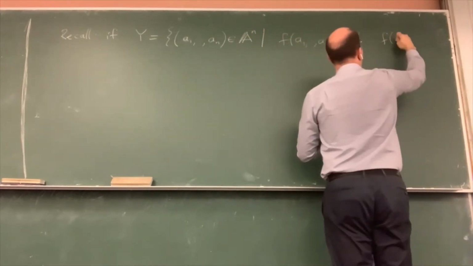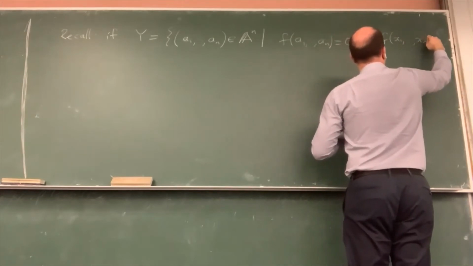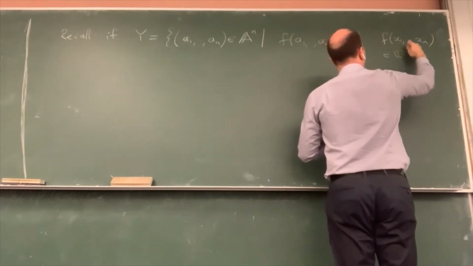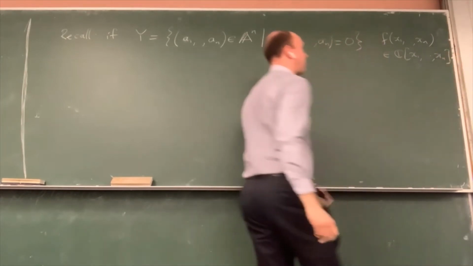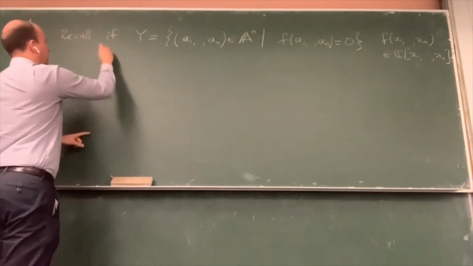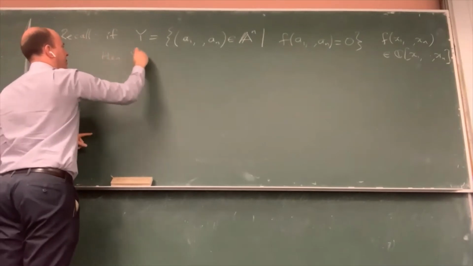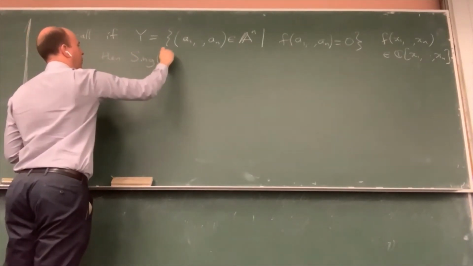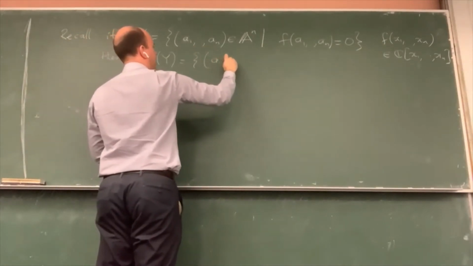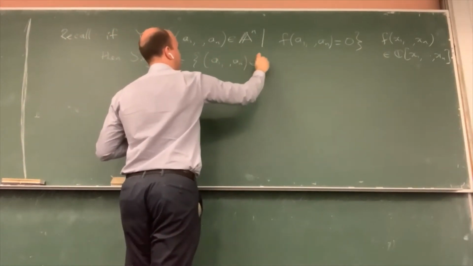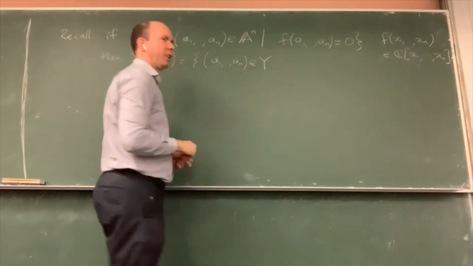So F is just a polynomial in n variables. Then the points in Y where Y is singular are exactly the ones where, firstly, they have to be in Y, so this polynomial has to vanish.